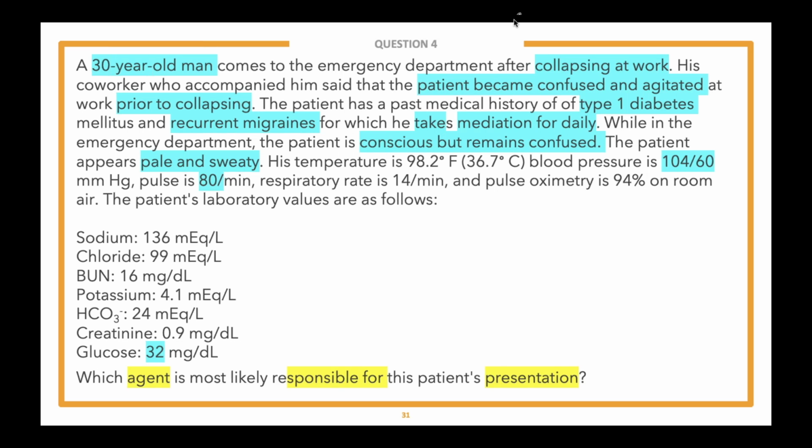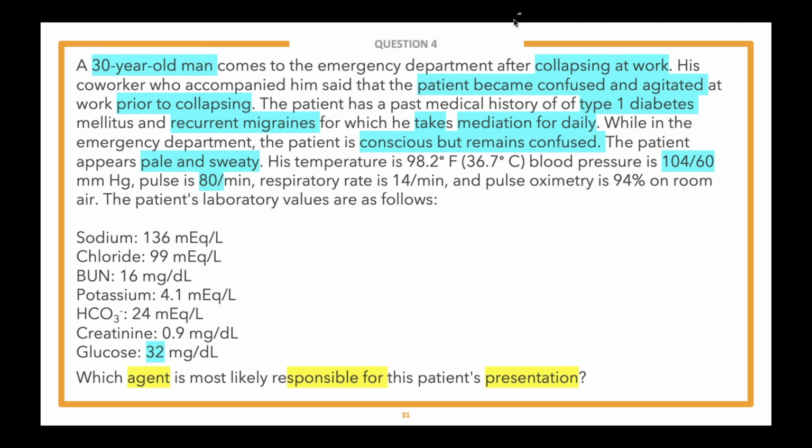Take a look at the normal lab values if you need to, figure out what's normal, what's abnormal, and lastly, they're asking us which agent is responsible for the presentation. In terms of how many steps, I think 1, we need to figure out exactly what's going on with this patient. What is this presentation? And then maybe 2, what drug is responsible for that presentation? So maybe a 2-step question here.